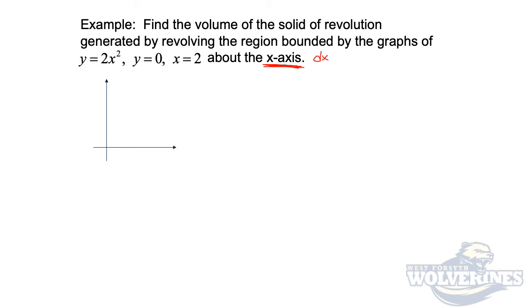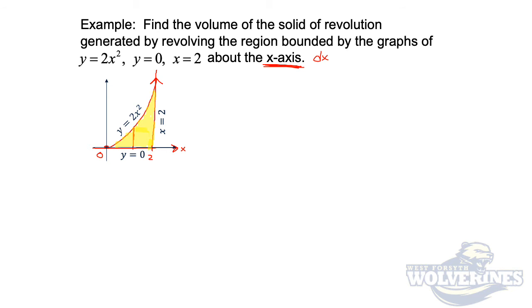So that's good. Okay, the next thing is you want to generate a sketch of your curve if it's not already been provided for you. So this is y equals 2x squared, y equals 0, and x equals 2. Okay, so here's my little hand-drawn sketch. So y equals 2x squared is just a little stretched out parabola.